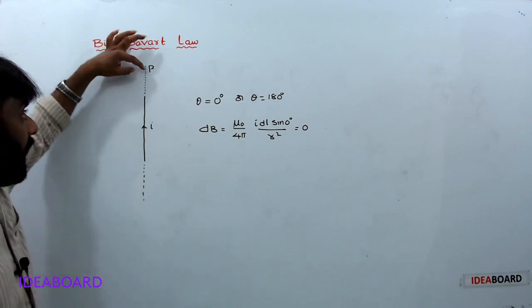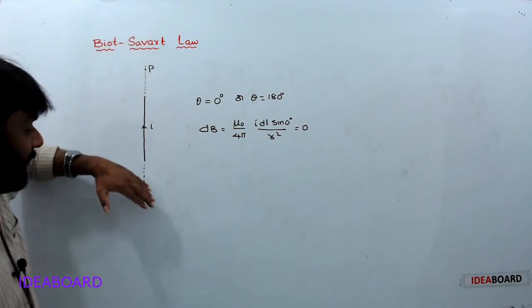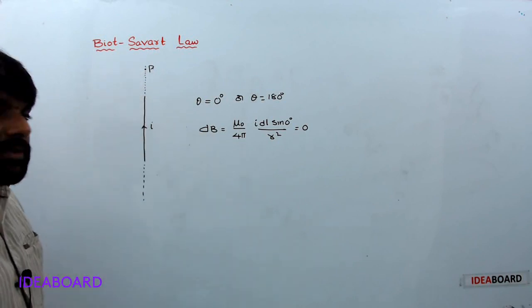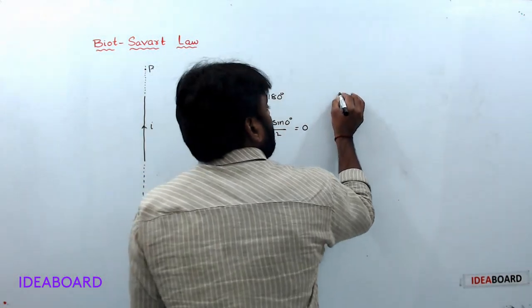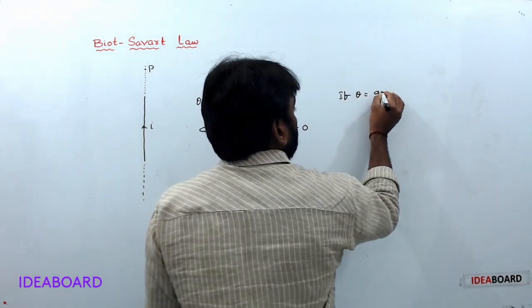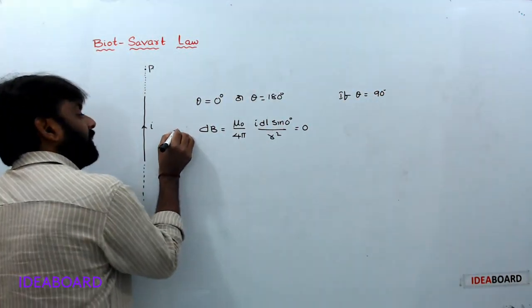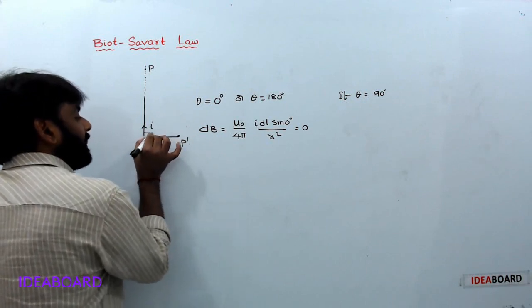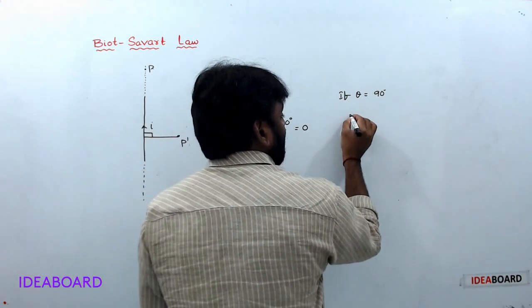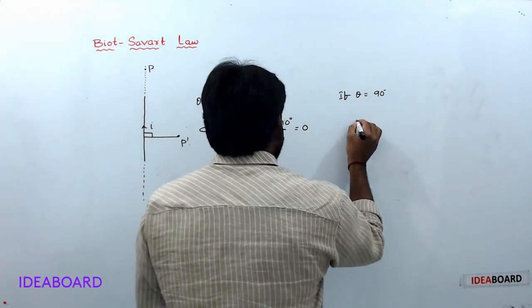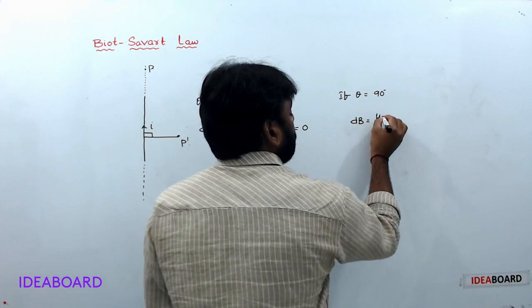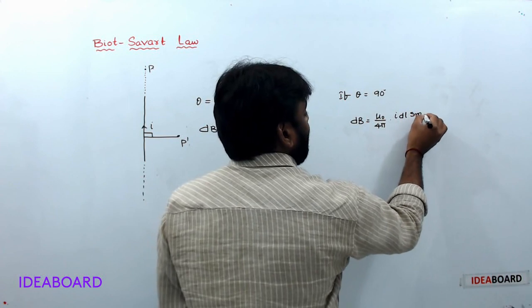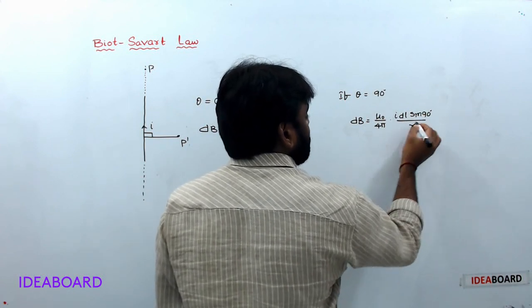If theta is equal to 90 degrees, at point P dash, then dB is equal to mu naught by 4 pi, I dl sin 90 degrees by r square.